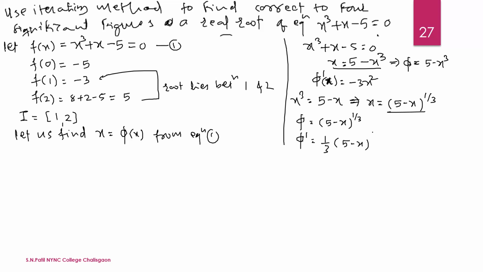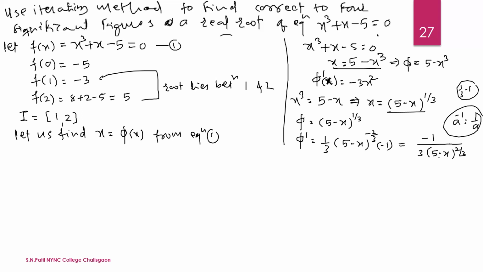That is 1 by 3 minus 1, so we get minus 2 by 3. Again, the derivative of the bracket is minus 1. That is the simplified term is minus 1 upon 3, 5 minus x raised to 2 by 3. Okay. We write here a raised to minus 1 as 1 upon a. In this way, we write this term.